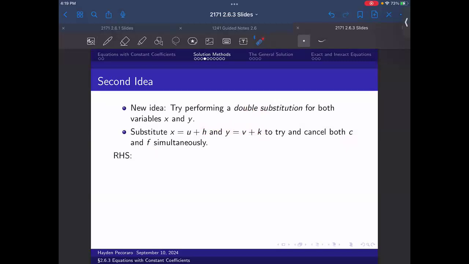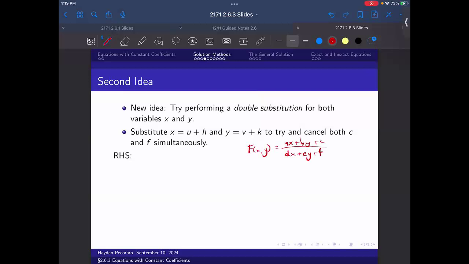And here we are maybe thinking a little bit of some multivariable stuff, where we have that f of x, y is ax plus by plus c over dx plus ey plus f. If that thing is thought of as a multivariable function, we can do a change of variables.